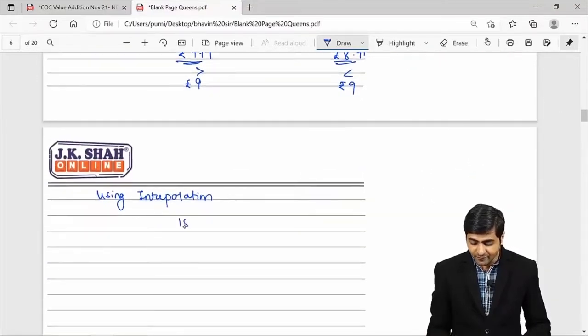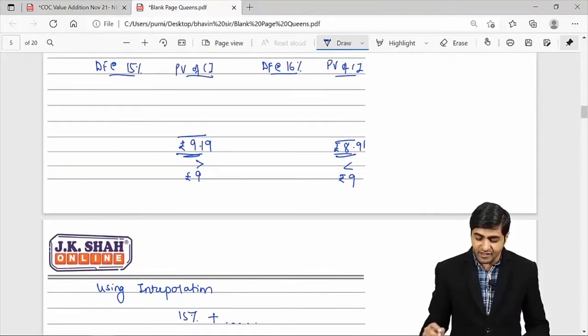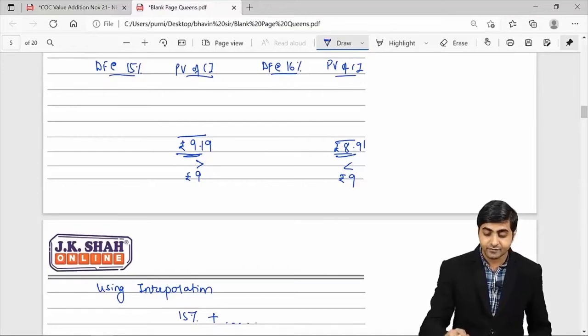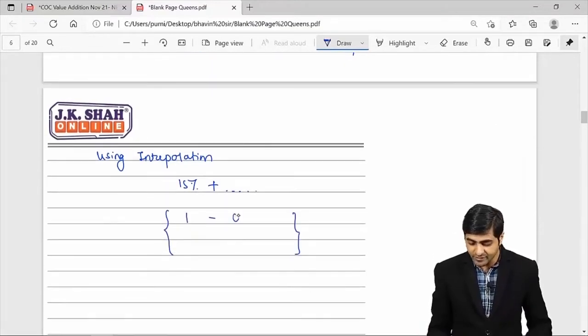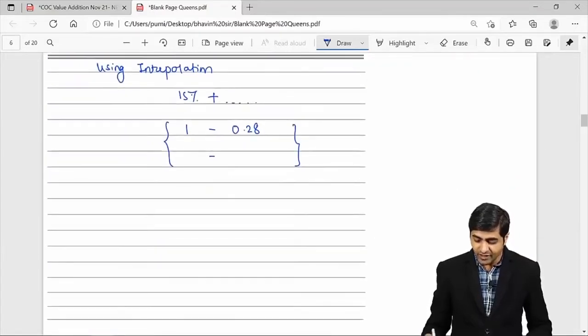we'll be taking 15% plus something. So the difference between 15 and 16 is 1, and in this difference we are discounting from 9.19 to 8.91. So that's nothing but 0.28, and you all can just check that we have to discount up to the extent of 0.19.